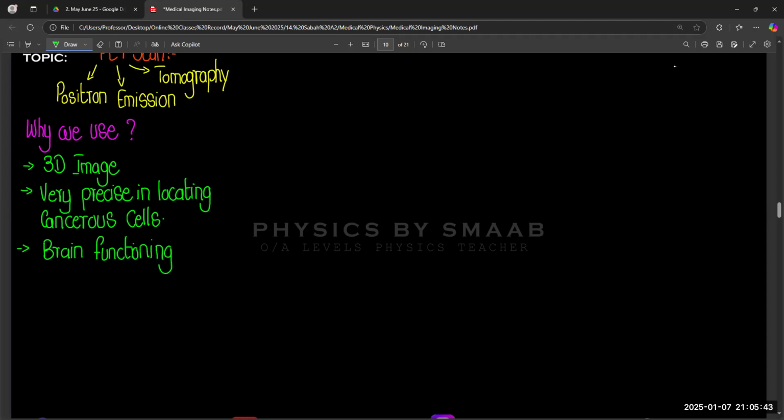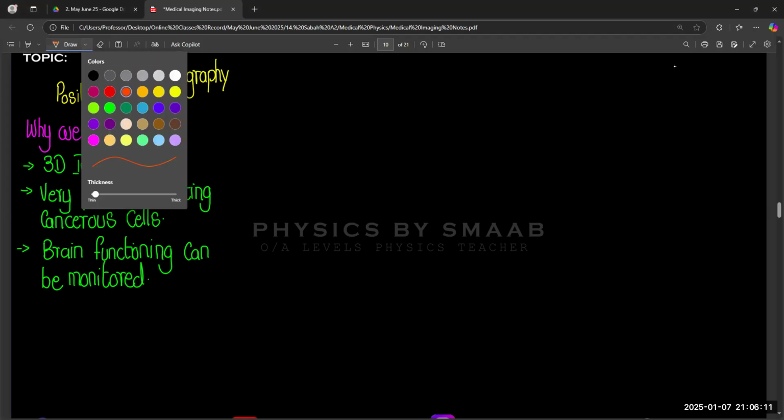The brain functioning can be monitored. In other scanners, we don't have the same ability. That's why we are using a PET scan.